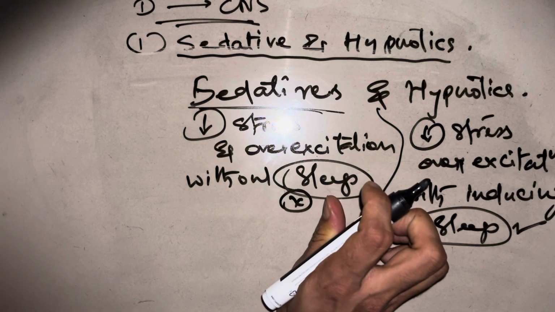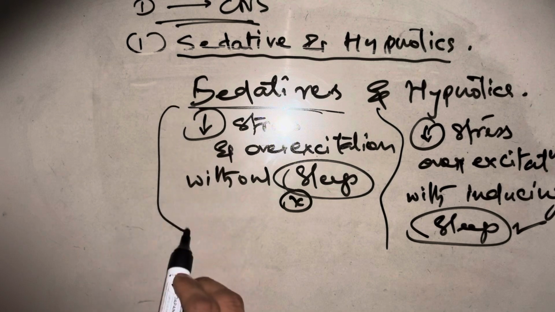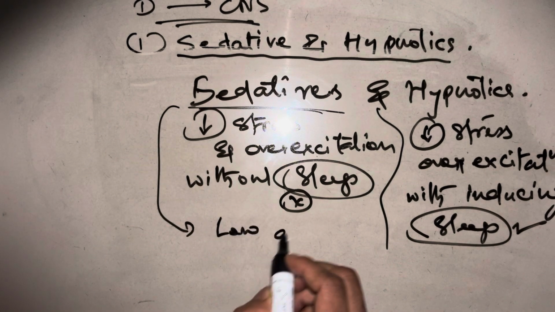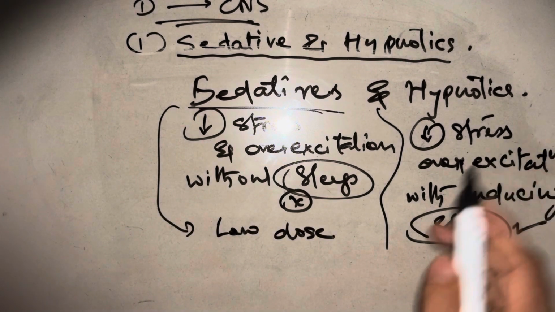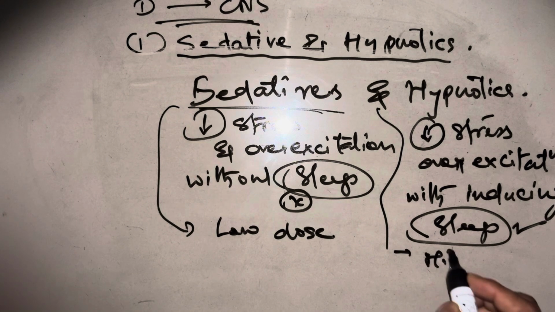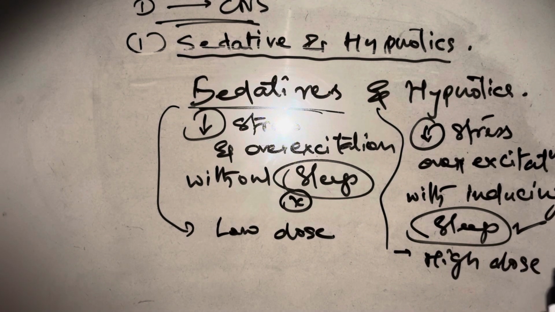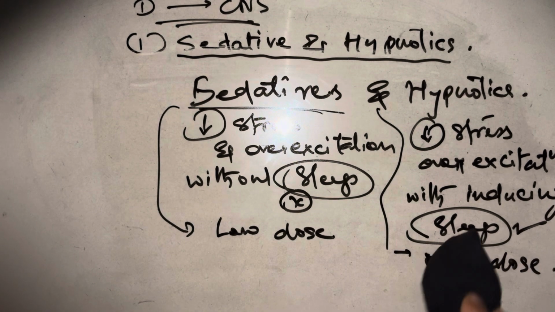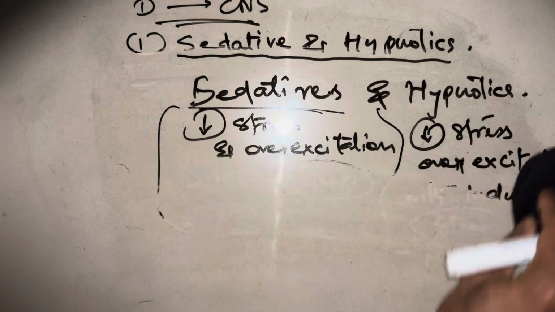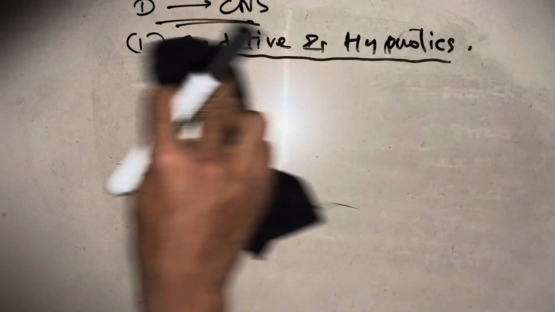Next thing is that sedatives will be having low dose, whereas hypnotics will be having high dose. Next, the different classes of sedatives and hypnotics.